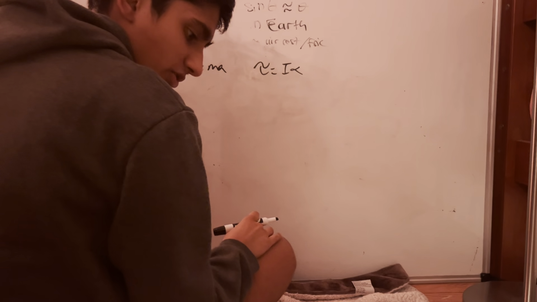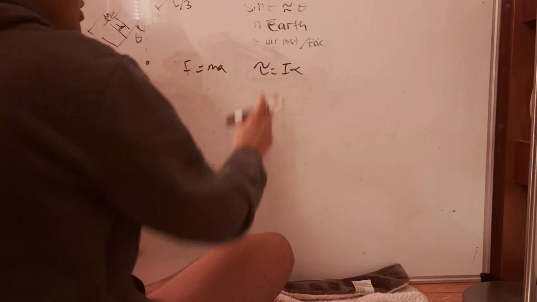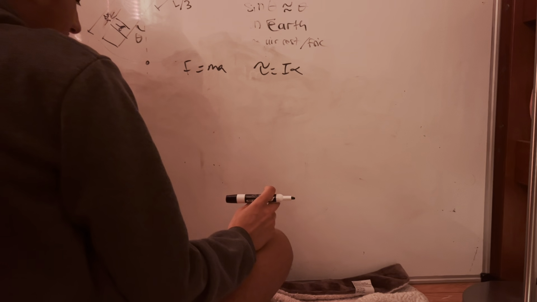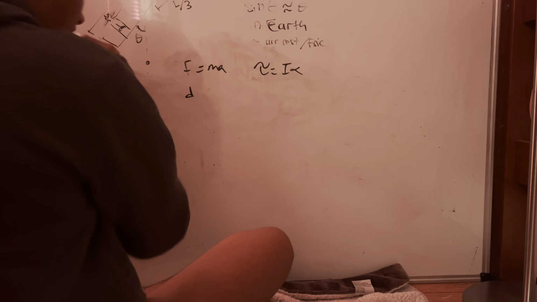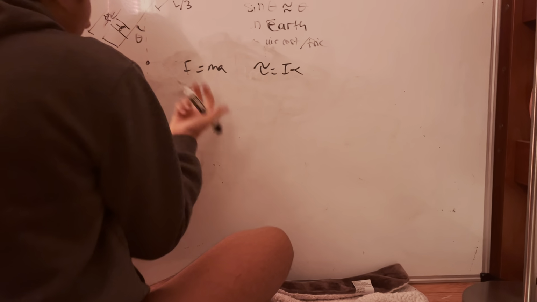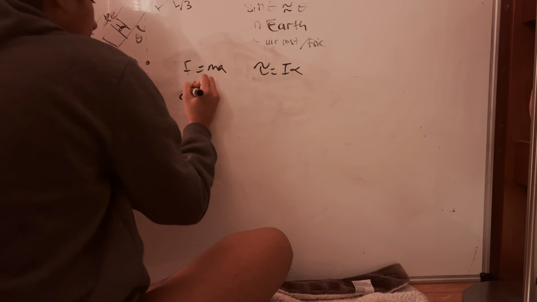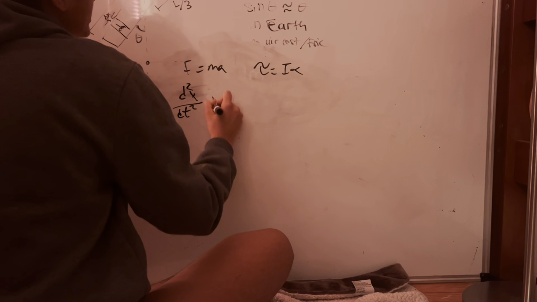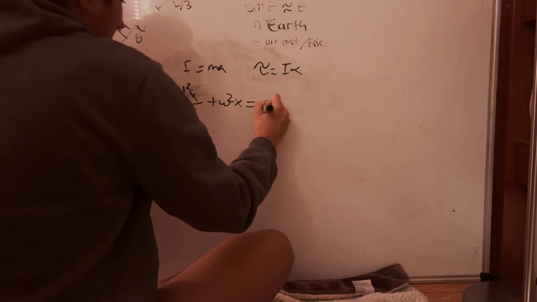Now here it says we're trying to come up with an equation for the angular displacement theta using this. So what we can do is relate alpha to theta, and a differential equation that does that is the one for simple harmonic motion, where we have d squared x over dt squared plus omega squared x is equal to 0.